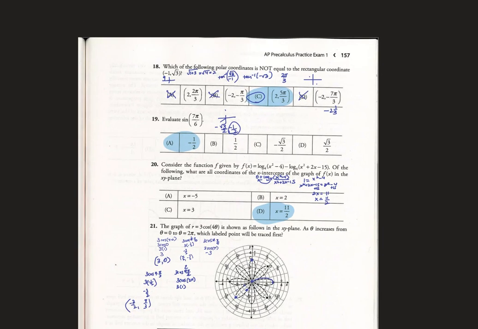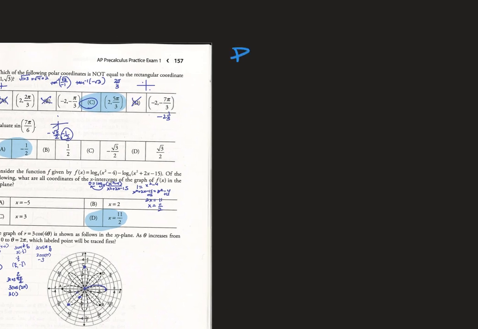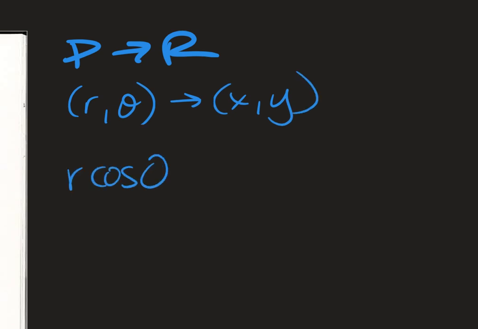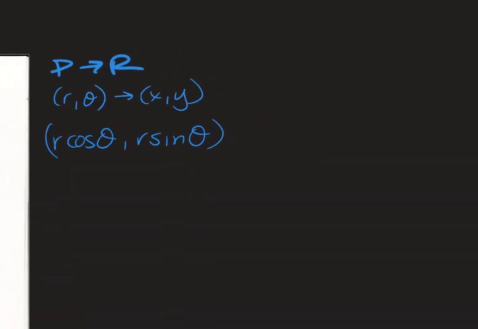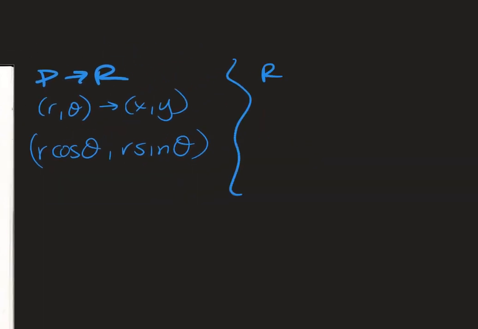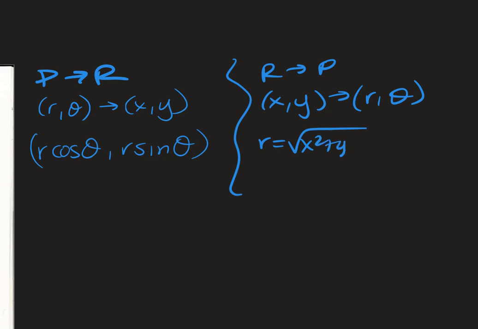All right, 18, now you're talking about converting from polar to rectangular. This is actually, I know some of you are helping the advanced kids. They're currently doing this. Polar to rectangular means you have r theta and you're going to xy. So remember, this is r cosine theta, r sine theta. That's how I go from polar to rectangular. To go from rectangular to polar, so I'm going from xy to r theta, r is the square root of x squared plus y squared.